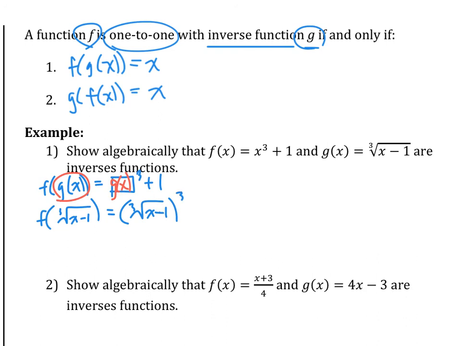And then the box is cubed, so I put a cube there, plus 1. Okay, now I'm just going to solve this. So the cube root of something cubed is just taking off that cube root. This becomes x. So that's pretty good. So this shows me that they are inverses of each other.